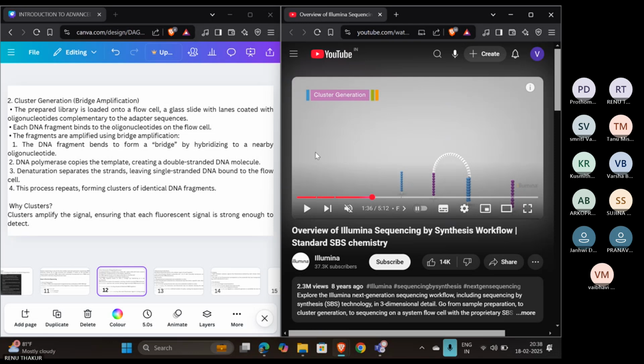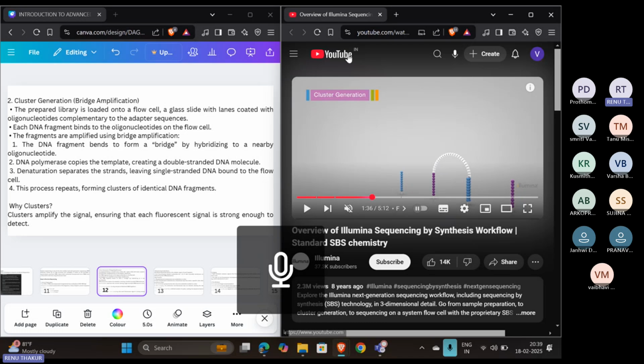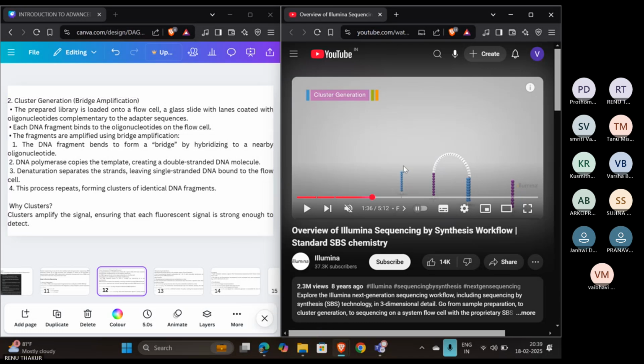The DNA fragments are going to bend over and attach.